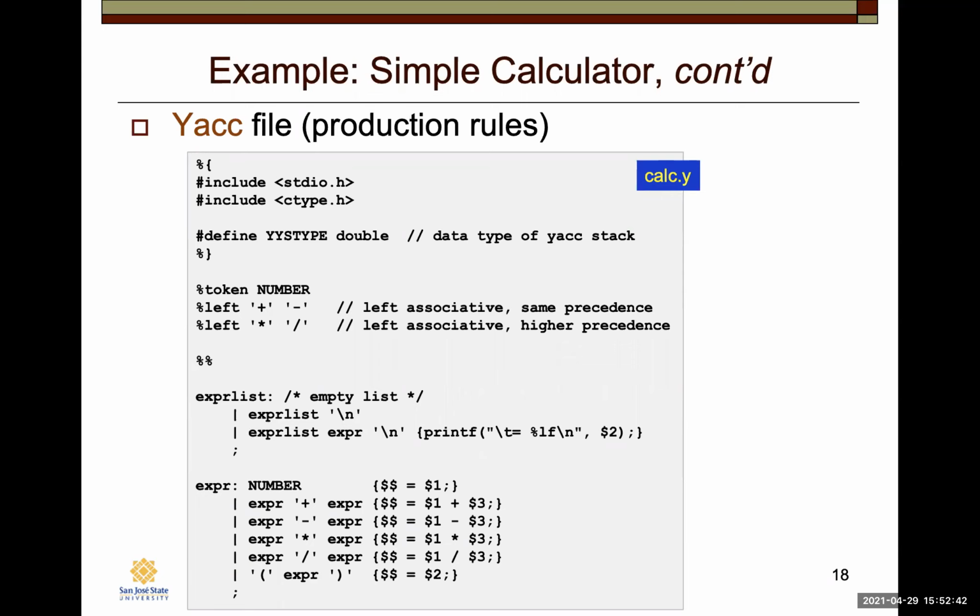Now, if we see this rule, we want to print out the value of the second element of the rule. This is the first element, this is the second element, and so we're saying that we want to print out the value of the expression.